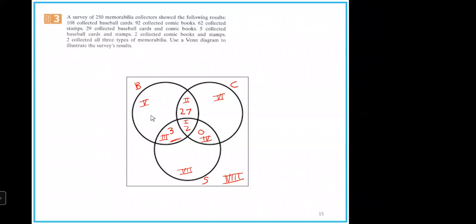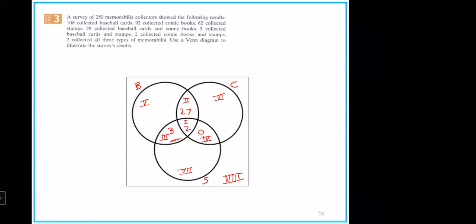Baseball cards is, would it be 17? How many in total collected baseball cards, according to the question? Oh, sorry, 108. But we already have some numbers in there.